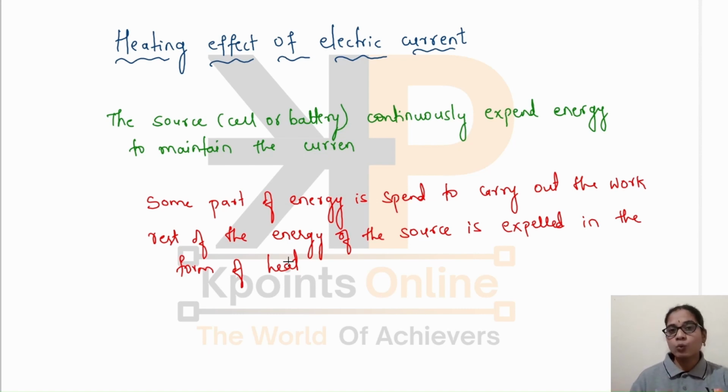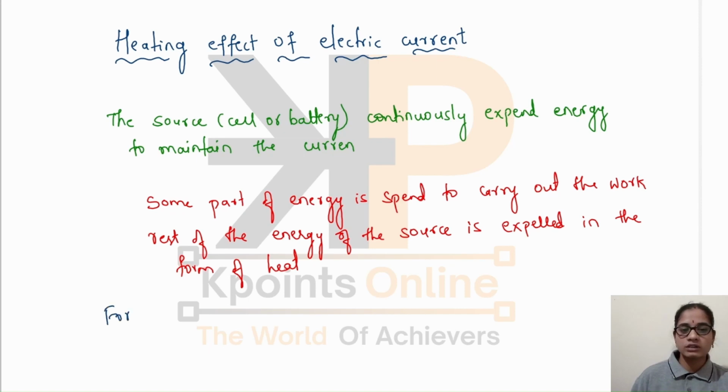How can we do this? We can use the purely resistive circuits for it, where there is more opposition to the flow of electric current. In that case, this energy that is spent by the source is completely converted into heat.